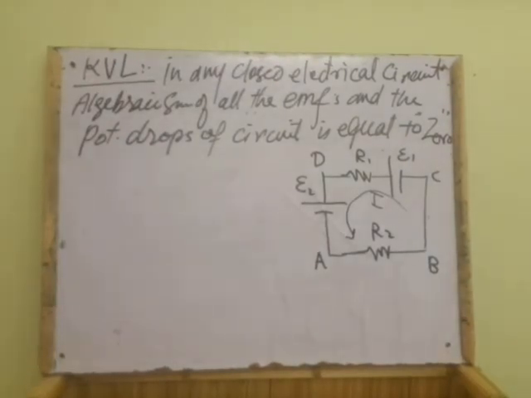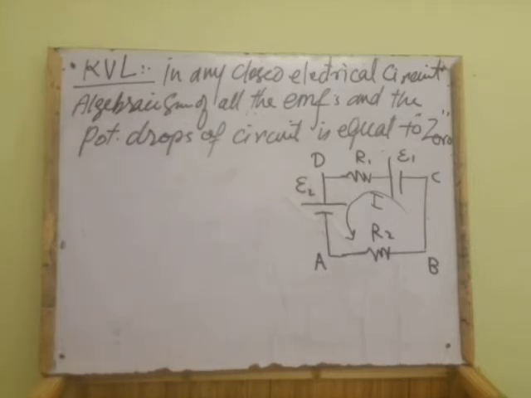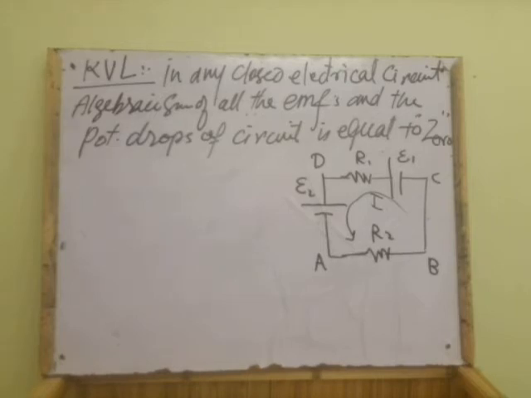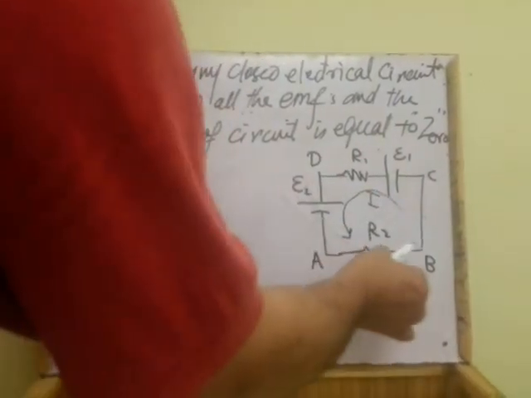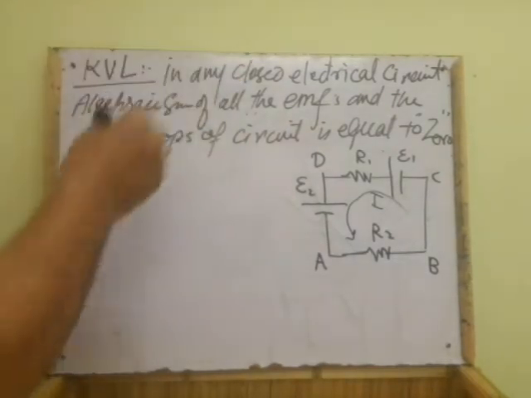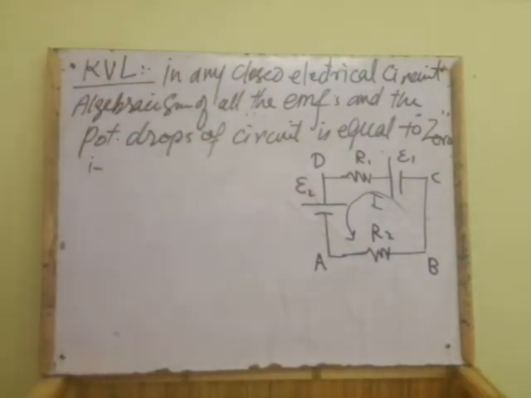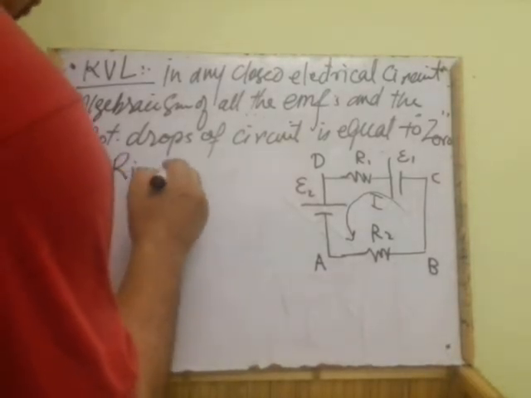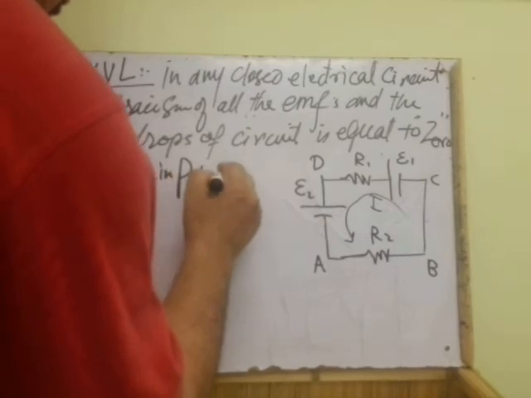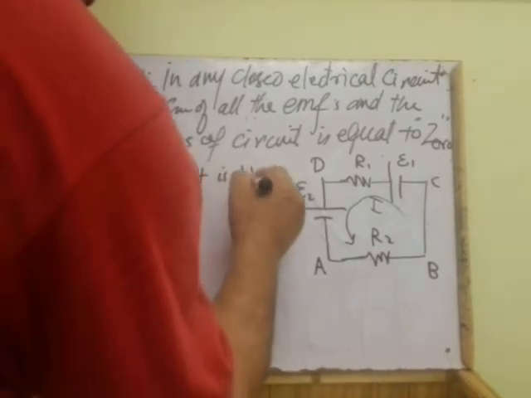There are a few points which must be kept in mind, if we are following the flow of the current across the whole circuit. First point, a rise in the potential is taken positive.